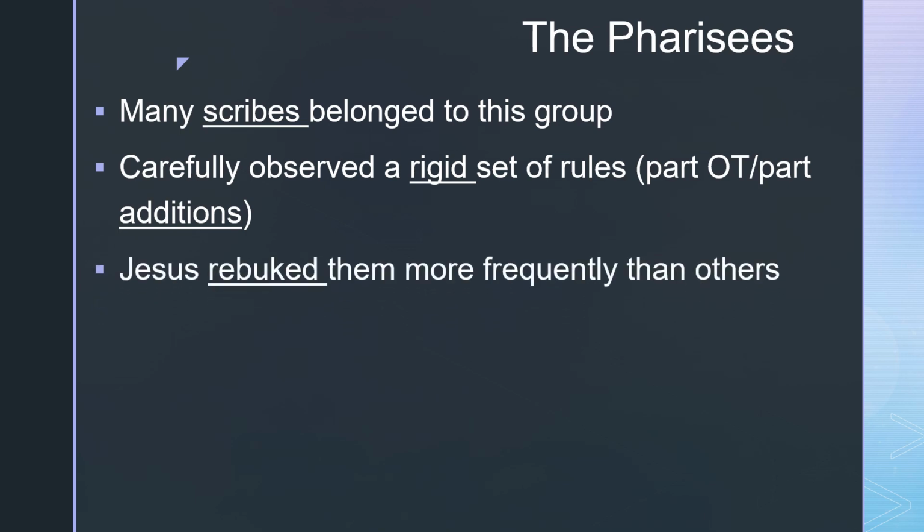We, of course, have a kind of reflex to think they're the bad guys, because Jesus rebuked them, it seems, more frequently than other groups. But interestingly enough, if we were to look at what the Pharisees actually believed and taught compared to other groups, we would probably agree that, at least on paper, they got a lot of things right. They knew a lot of things, but they didn't always follow it the way God intended.